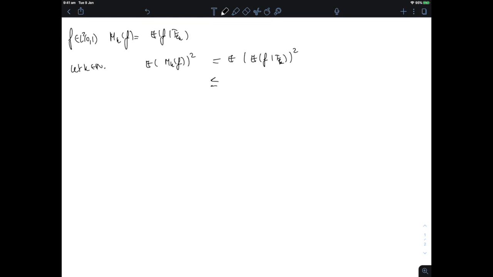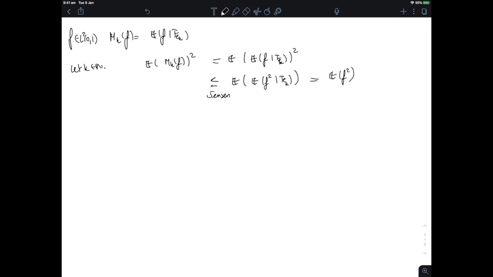And then when I apply Jensen, because the function x goes to x squared is convex, this conditional expectation of f given Fk squared is smaller than the conditional expectation of f squared given Fk. And now I can use the fact that the expectation of a conditioned variable is always just the expectation of the variable.